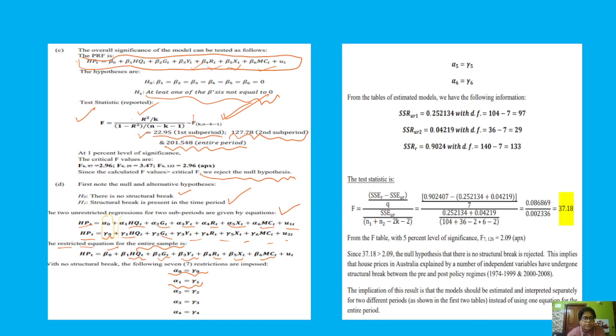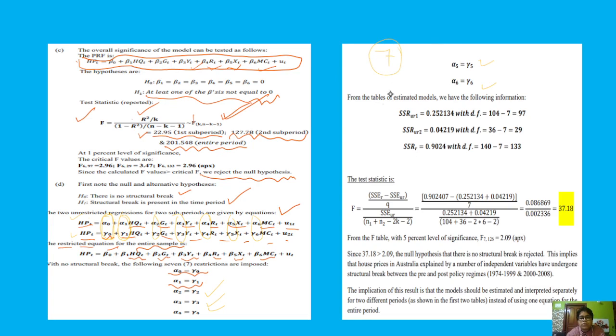There is no structural break, that means for these two subperiods these coefficients will be equal, so that there is no break. That's what you are putting into this null hypothesis, and you got 7 restrictions.